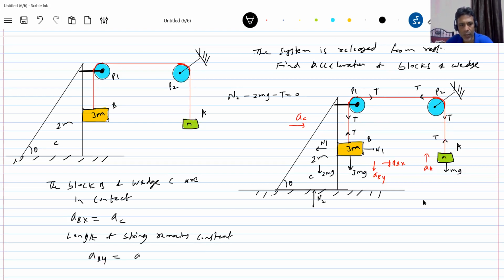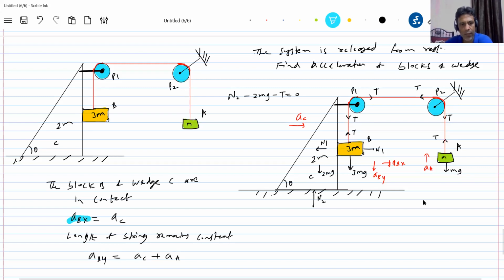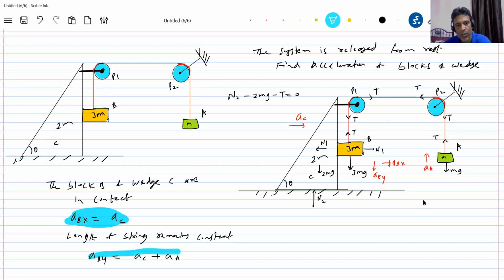ABY should be equal to AC plus A. So looking at this, from where did I bring the first equation? From acceleration along common normal being equal, because the wedge and block are in contact. From where did I bring this equation? From the string. Are you getting it?